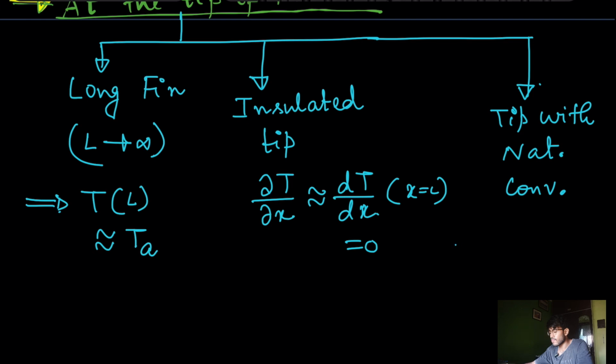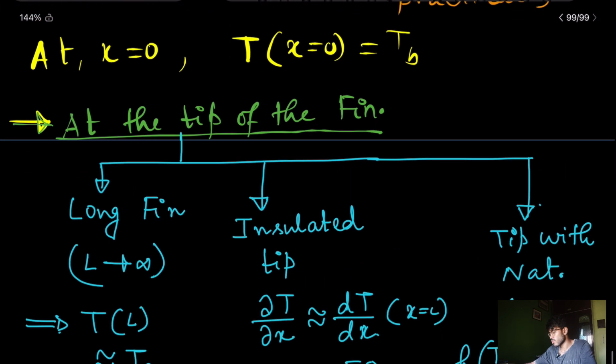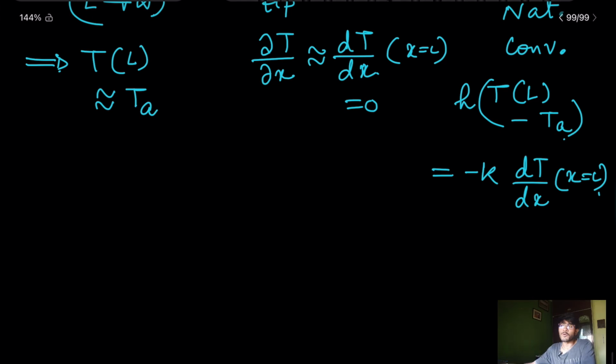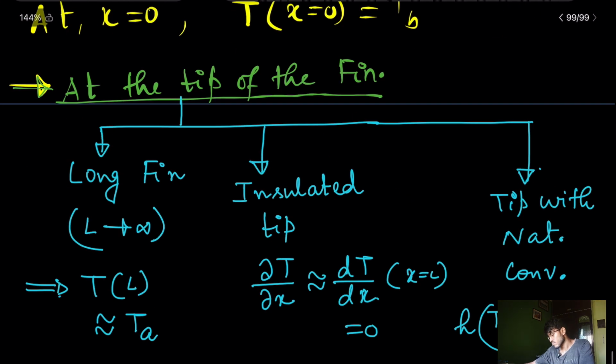There we will have h into T at L minus T ambient equal to minus k dT dx at x equal to L. These three types of boundary conditions we can have at the tip. In the tip you can also specify the heat transfer, which is possible, but practically we don't do that.